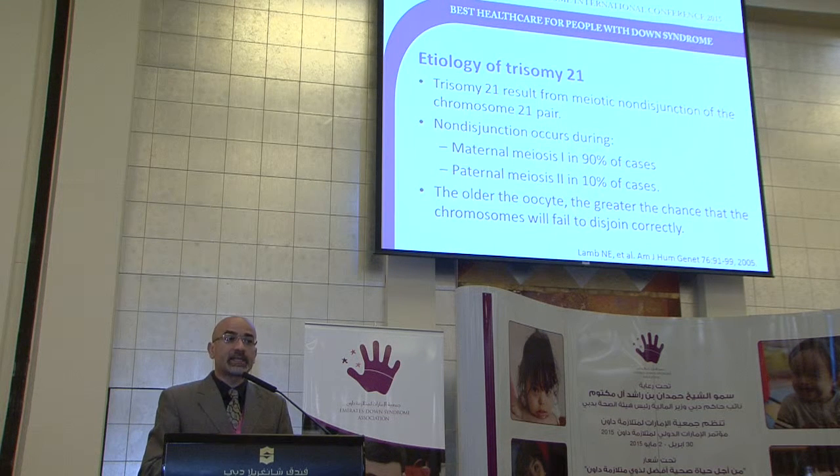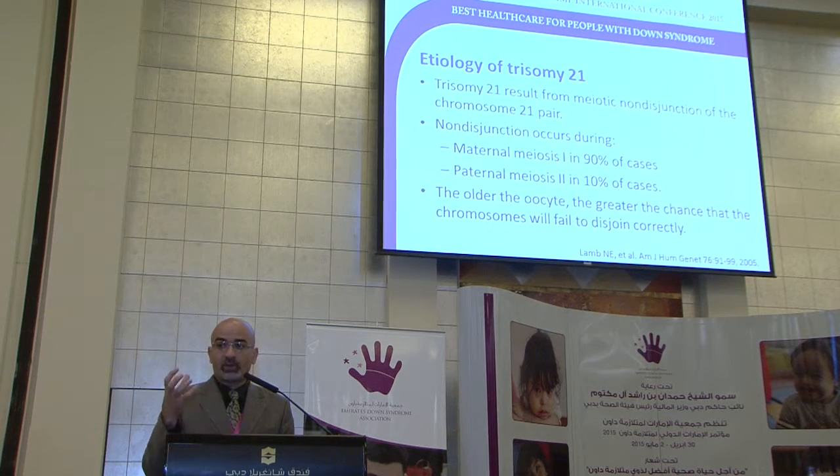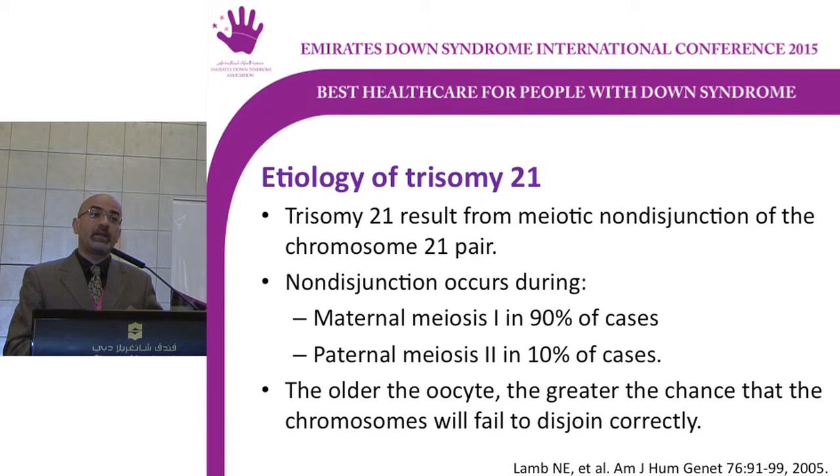So there is a chance that the separation of the chromosomes didn't go the right way, and 2 copies of chromosome 21 will go to 1 ovum. Now, this chance will be higher if the ovulation took place at the age of 30 or 40 years. So with increasing time, the chance of non-disjunction, or having an oocyte with 2 chromosome 21, will be higher.